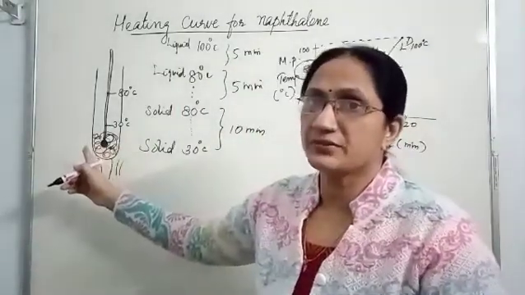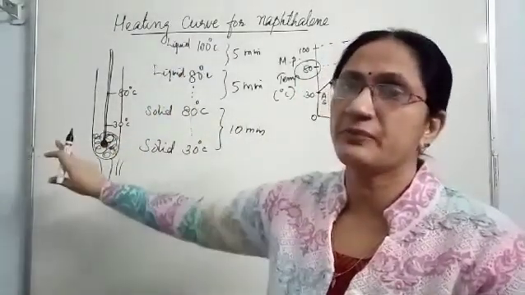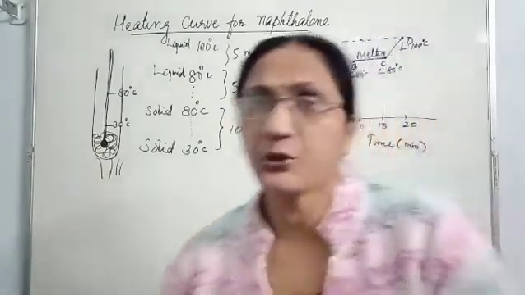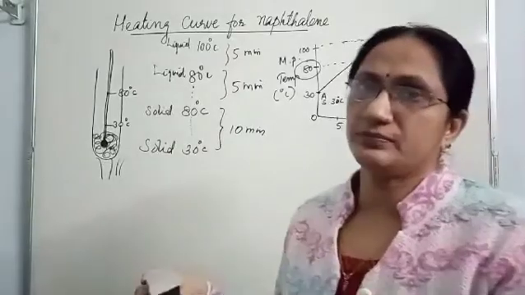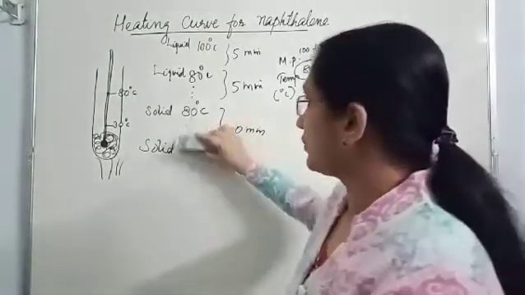At the end of this 20th minute there is liquid naphthalene in the vessel at 100 degrees Celsius. That liquid naphthalene we are going to cool. There also temperature and time values you have to record.